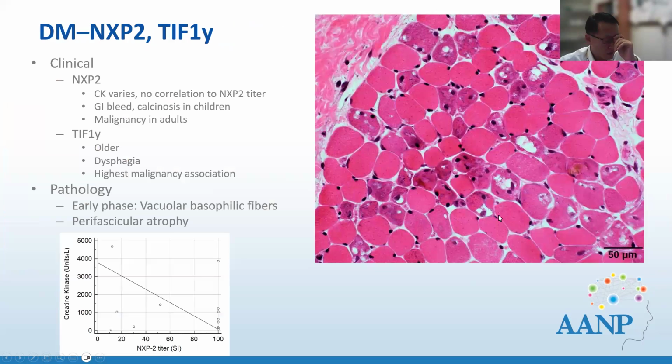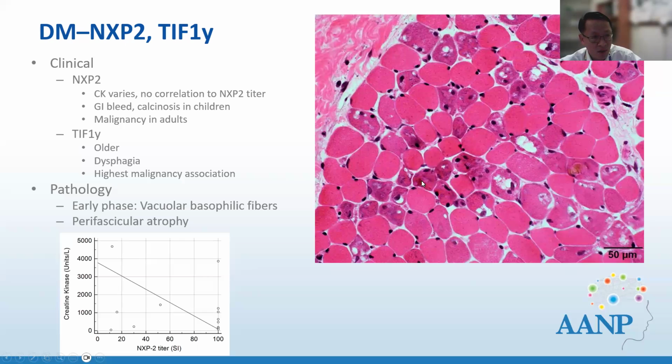The second morphologic type comprises the NXP2 and TIF1 gamma autoantibodies. Histologically, it's very difficult to separate these two. In the very early stage, you see what I call basophilic vacuolar changes.